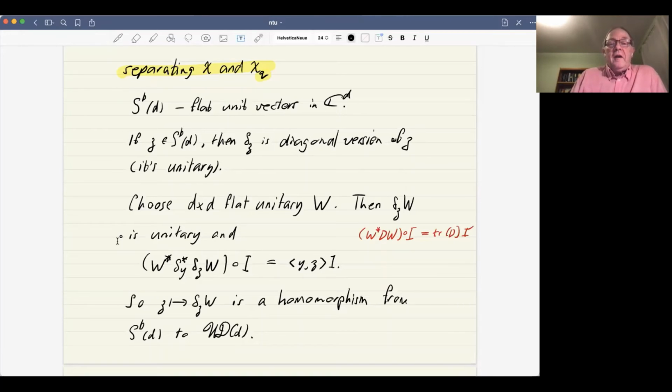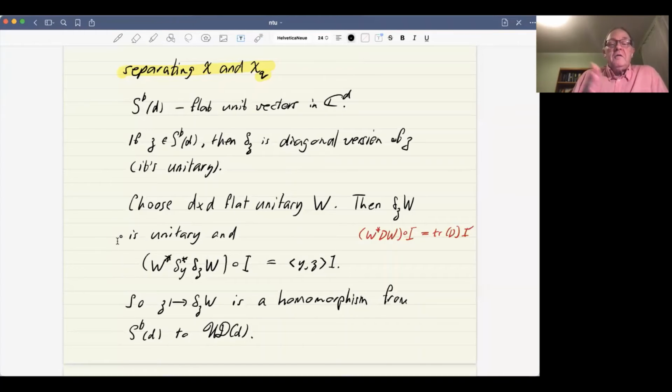Now, to do that, I need to introduce yet another infinite graph. I'm going to call it S-flat, whose vertices are the flat unit vectors in C^d. So, unit vectors with all entries of equal modulus and sum of squares equal to 1.